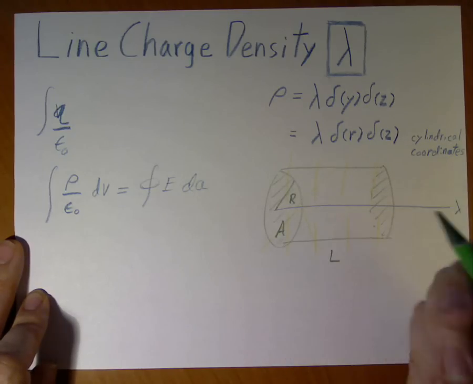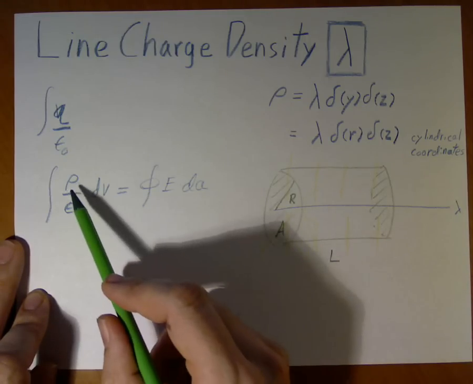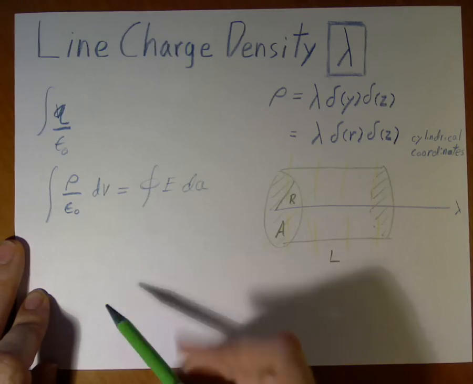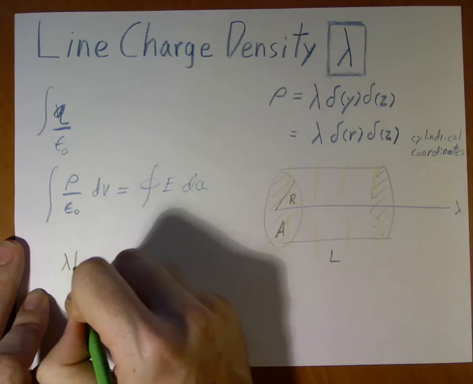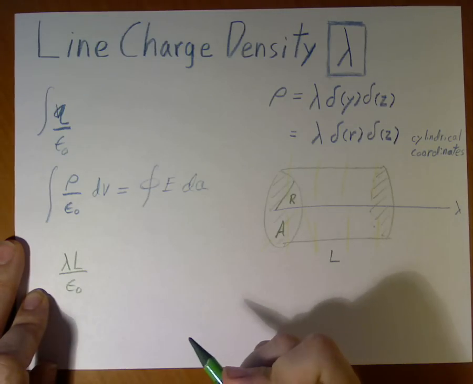So A would have an area of pi r squared. Given this, the total amount of charge, which is what this is measuring, becomes lambda L over epsilon naught.